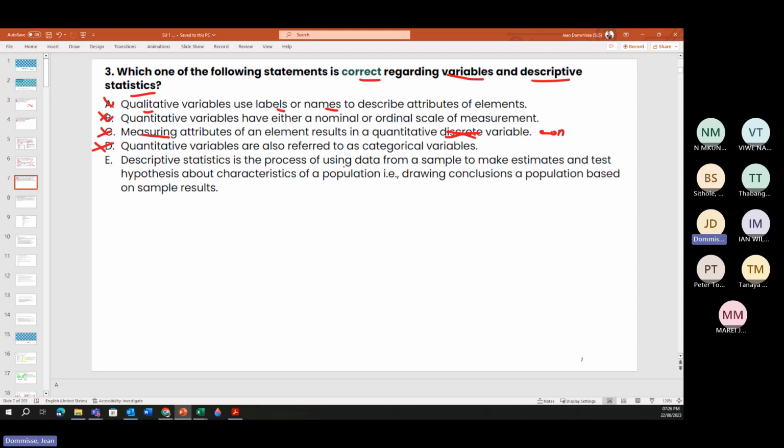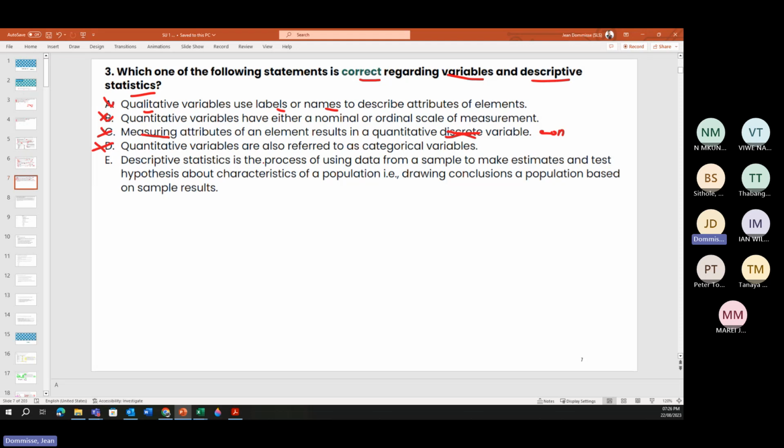And then the last one: descriptive statistics is the process of using data from a sample to make estimates and test hypotheses about characteristics of a population, i.e. drawing conclusions about a population based on sample results. Okay, it's the other way around.